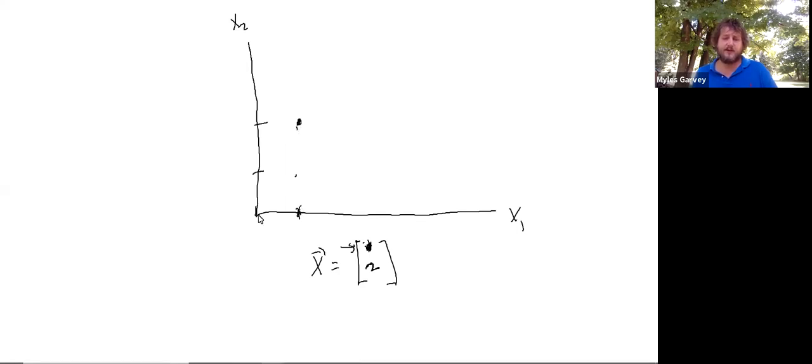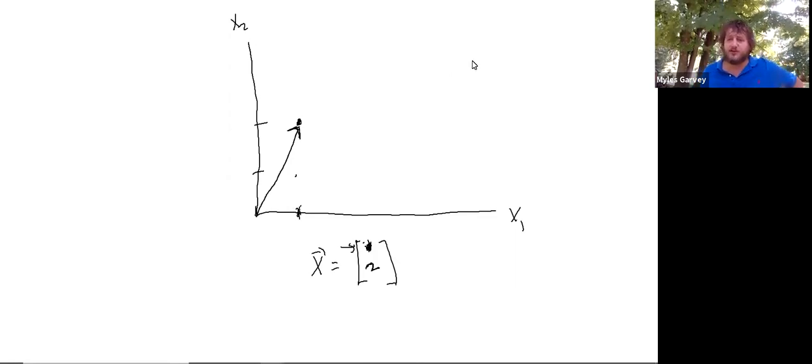And the vector itself is a straight line, and we draw an arrow. So the way we think about vectors, at least geometrically, is that they start from an origin, and it's an arrow that goes out to that point in space. So that's the geometric interpretation of a vector.